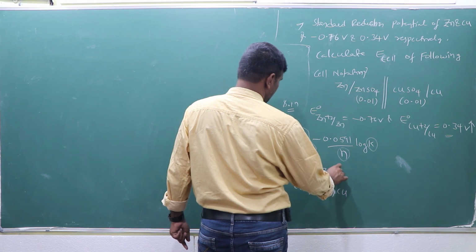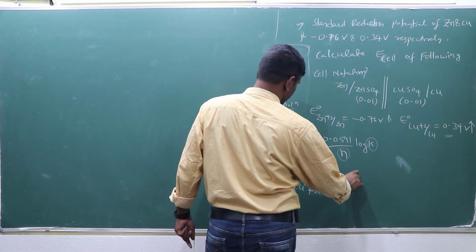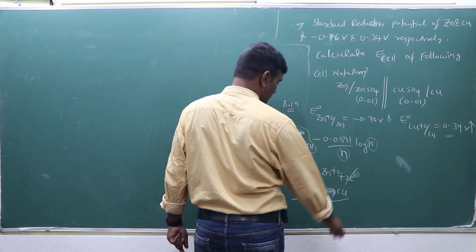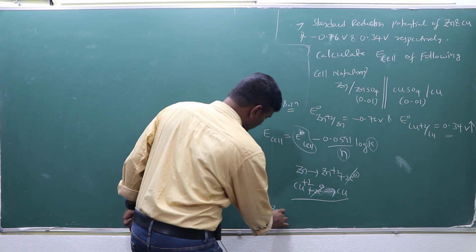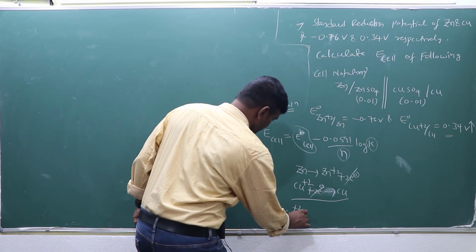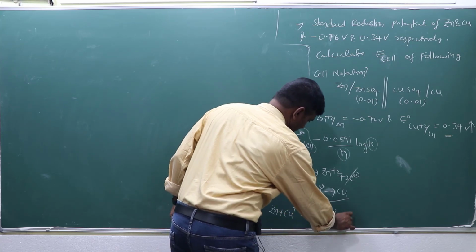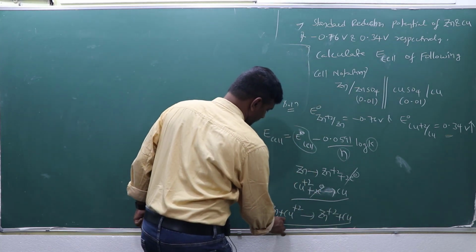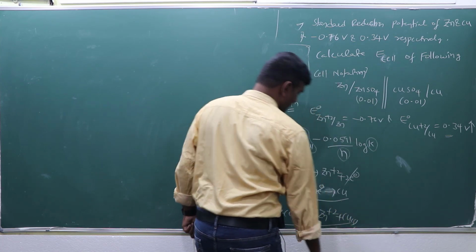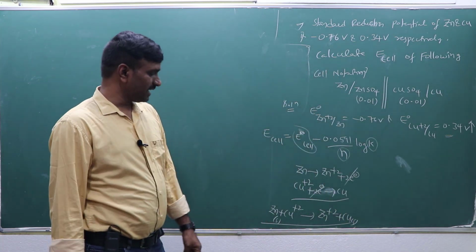That means zinc goes to zinc plus 2 plus 2 electrons. The electrons cancel. So the cell reaction is zinc plus Cu plus 2 goes to zinc plus 2 plus Cu. Zinc is solid, neutral form. Copper is also solid. This is the cell reaction.